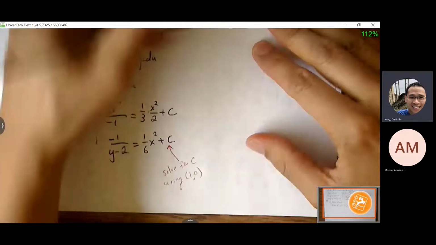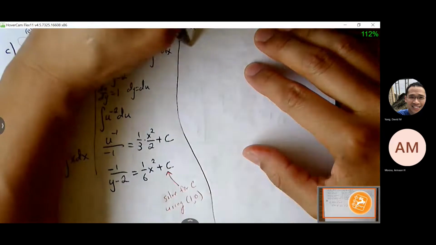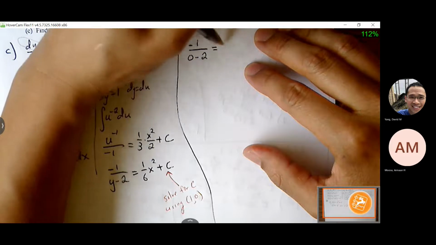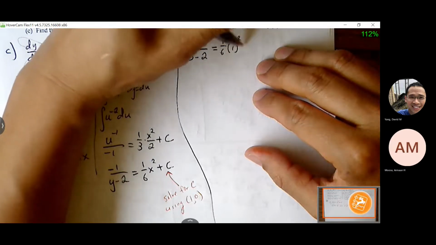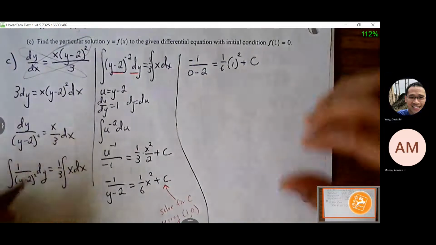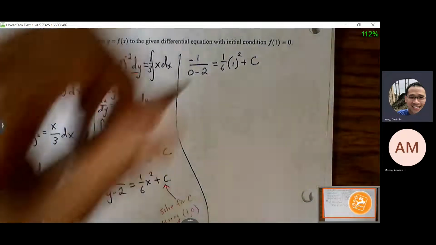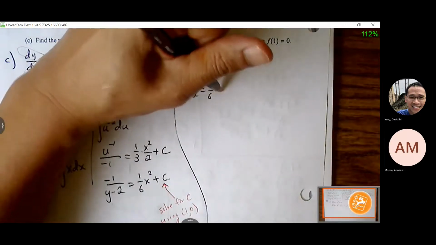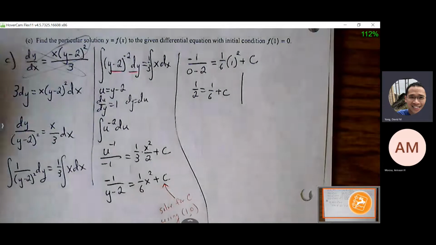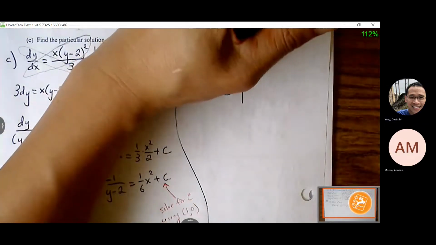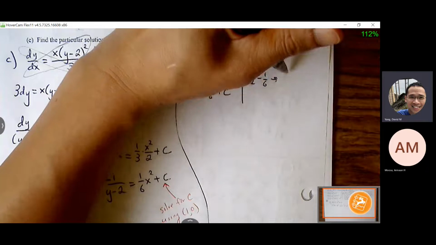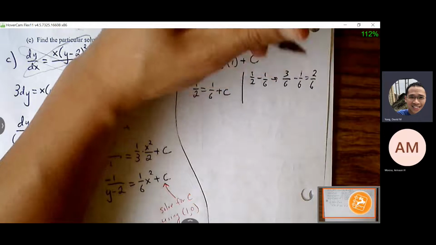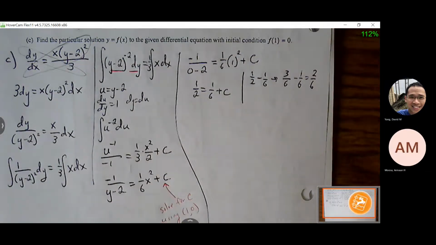Let's see where that takes me for my c value. One half is equal to 1/6 plus c. Subtract 1/6 from both sides. Same thing as 3/6 minus 1/6, which is 2/6, which is 1/3. So my c is 1/3.